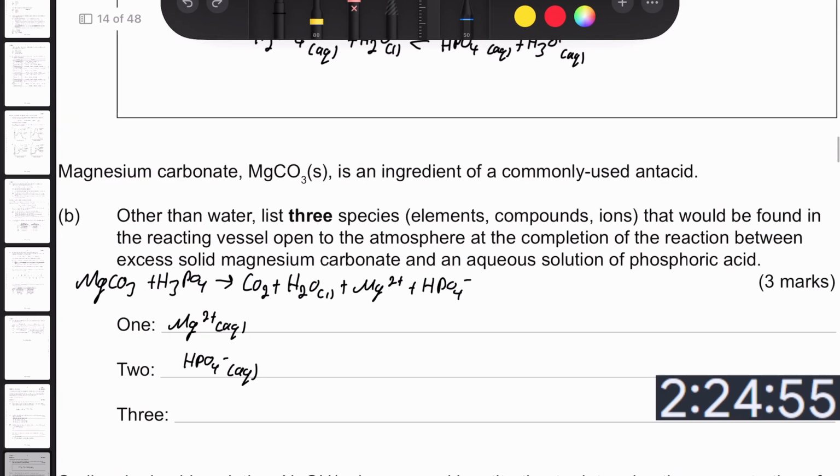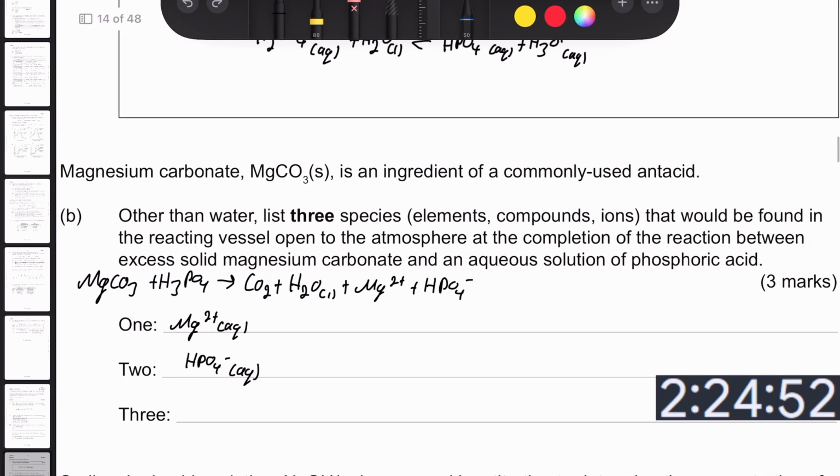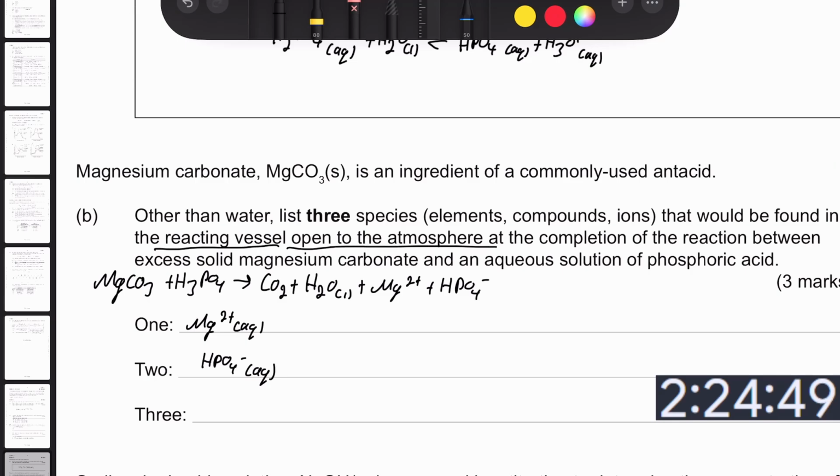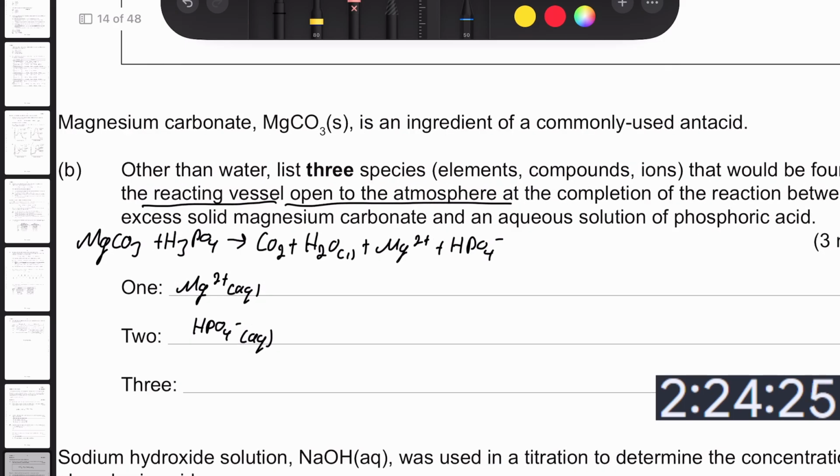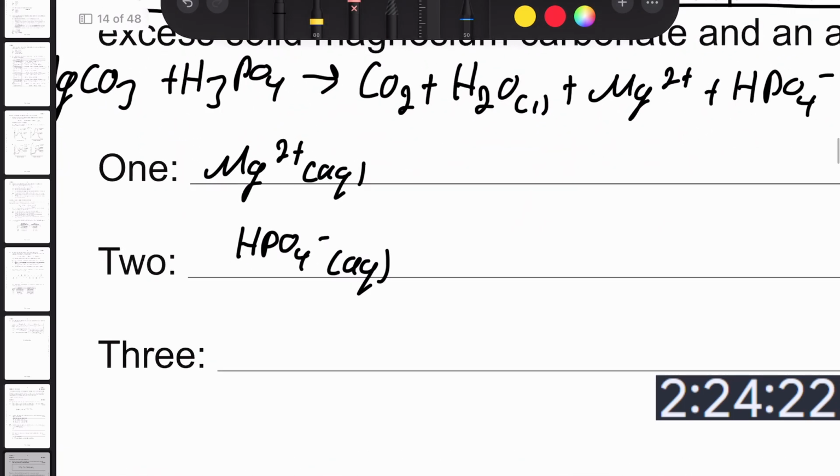Also going to have, we found in the reacting vessel open to the atmosphere. So if it's open to the atmosphere, then can we count CO2? Probably not, right? Since it's open to the atmosphere. So maybe I'd say PO4 2 minus aqueous.